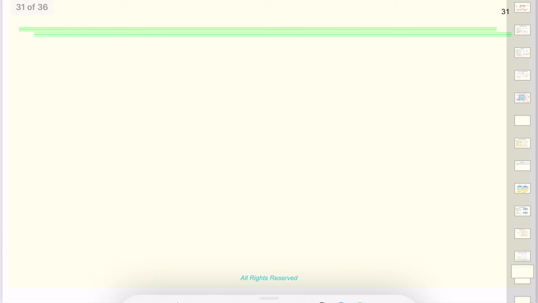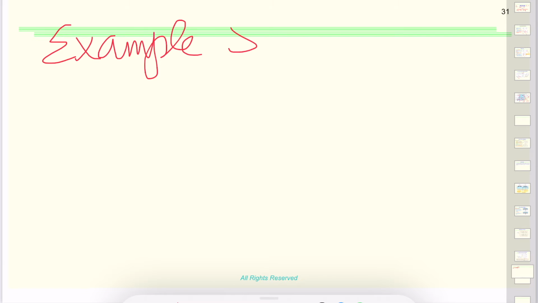All right. So let's look at example 5.3. We are given a circuit with two resistances, a resistance on the drain side and a resistance on the source side. So the circuit is drawn as this.